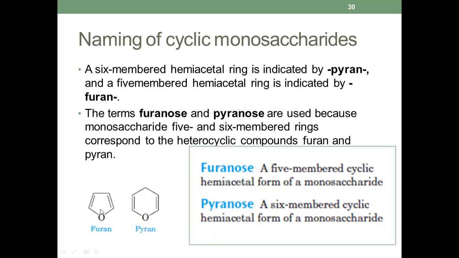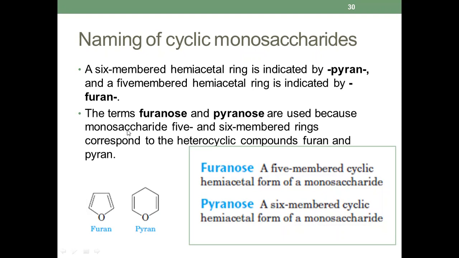Furan is a 5-membered ring with an oxygen. We call a 6-membered ring with an oxygen pyran. And so from there, the monosaccharides are termed furanose and pyranose.